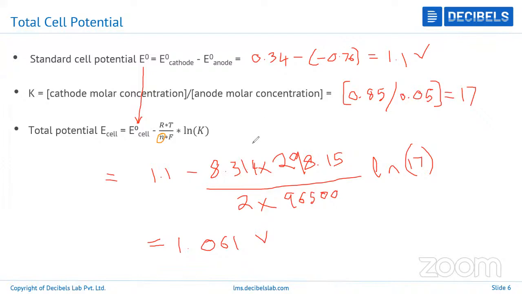So if you take the ratio of that, that will give you K, okay? And that value will be substituted over here. Okay, so by substituting, you should get this answer. I think 1.061 volts is the answer for the total cell potential. Is everyone finding the same value?